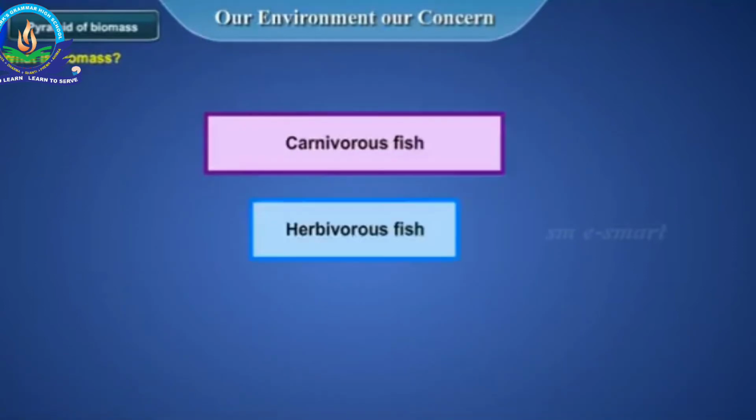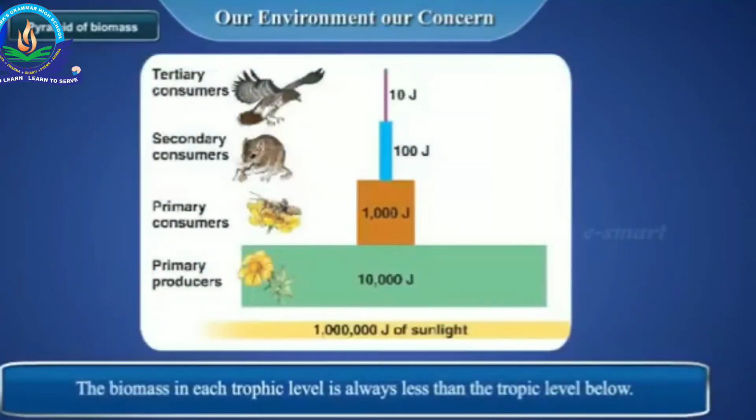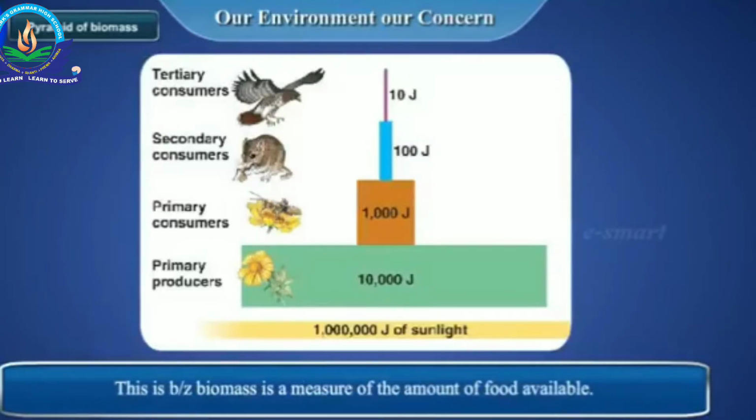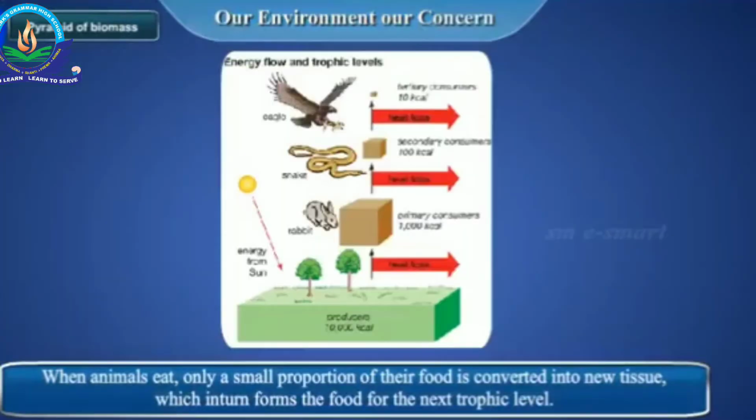Carnivorous fish, herbivorous fish, phytoplanktons. The biomass in each trophic level is always less than the trophic level below. This is because biomass is a measure of the amount of food available. When animals eat, only a small proportion of their food is converted into new tissue, which in turn forms the food for the next trophic level.